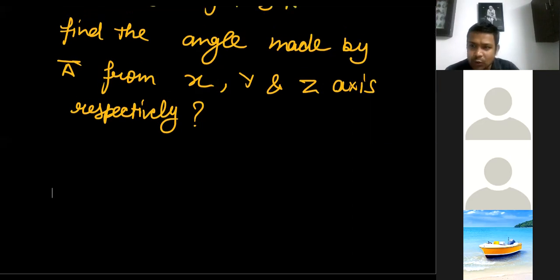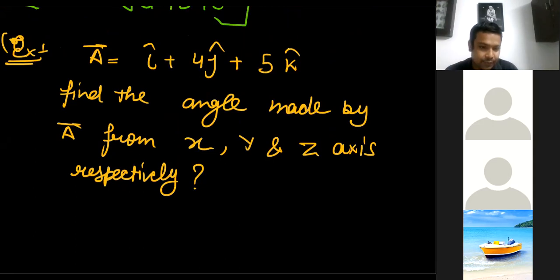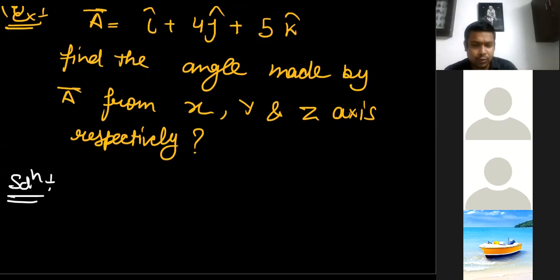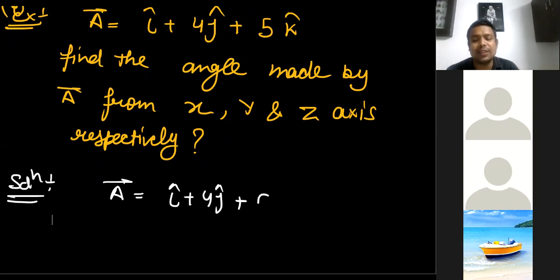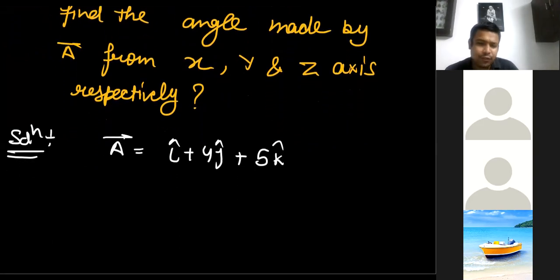So let us see how to solve this question. This is a very easy question because it is based on the previous article. Here the vector A is i cap plus 4j cap plus 5k cap. First of all, determine the magnitude.